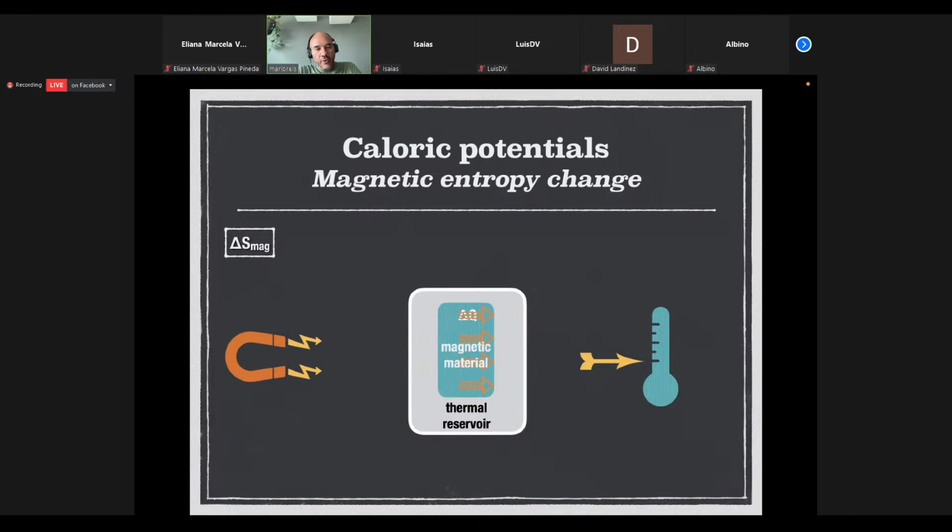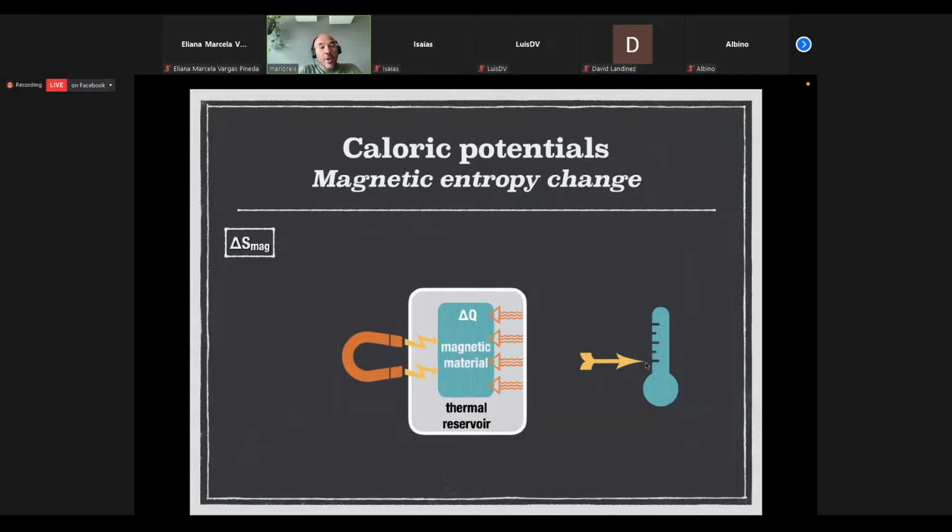The one on your screen is the isothermal process. Let's apply a magnetic field. The magnetic material, in contact with a thermal reservoir, expels heat to this thermal reservoir, keeping the temperature the same.